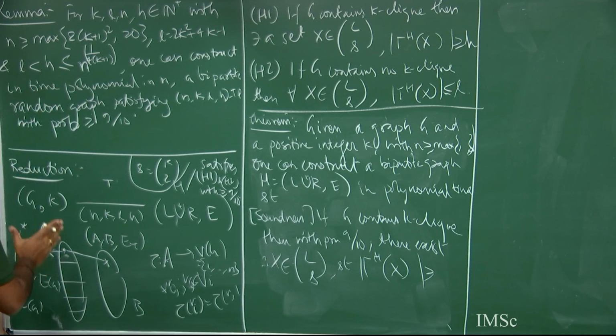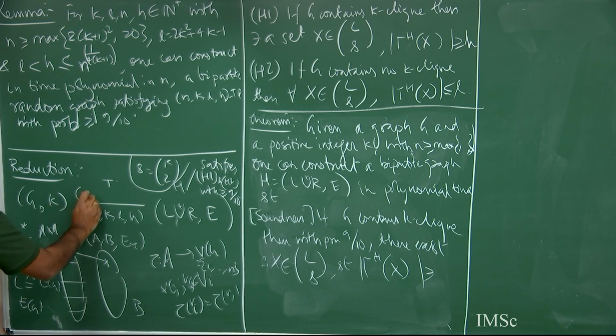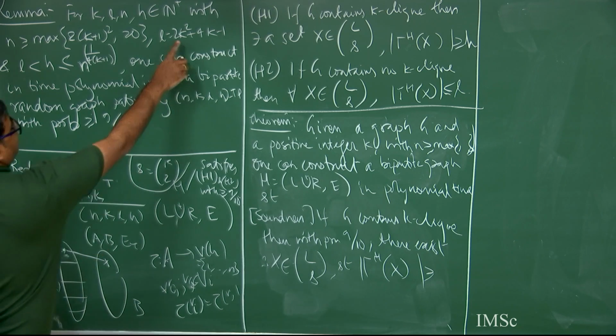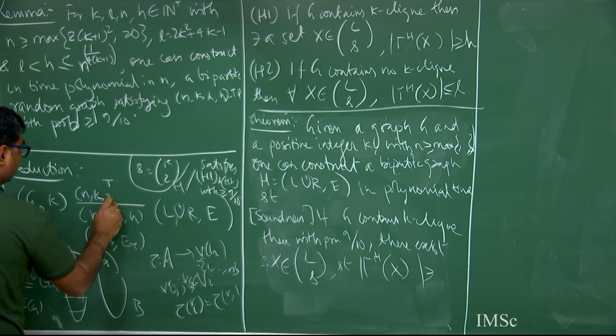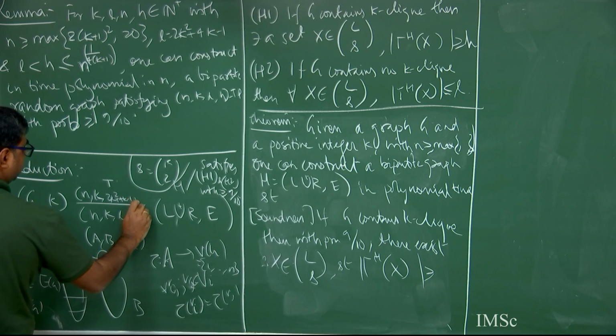My parameters will be n, k, and what will be my parameter for L? L will be whatever this number is, 2k² plus 4k minus 1, and I will apply it with this.